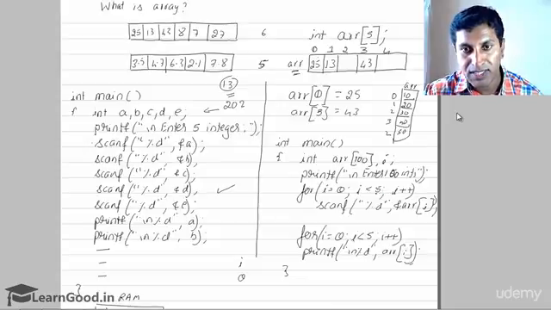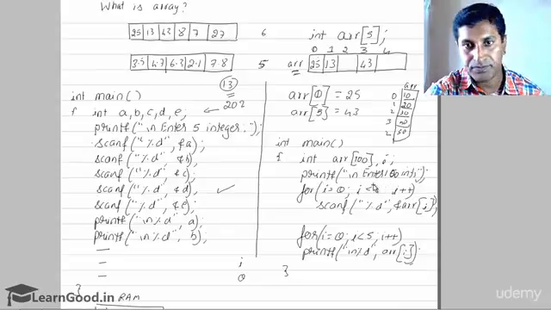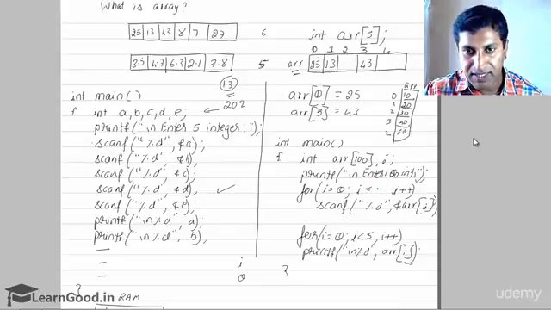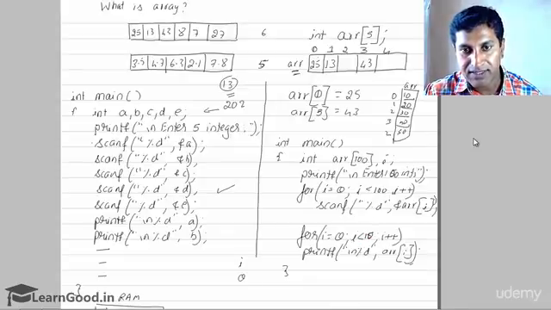And here what you can do is, instead of giving I is less than 5, you can just change it to I is less than 100. And same way here also you can give I is less than 100.